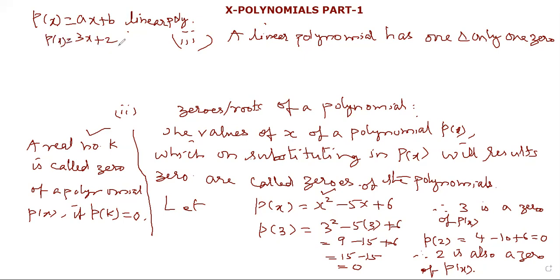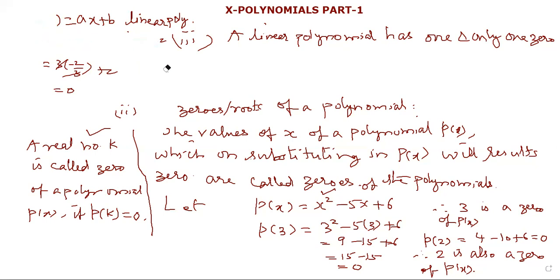The way to find the zero is to equate it to 0 and find the value of x. So x is equal to minus 2 by 3, and minus 2 by 3 will satisfy this equation. You put 3 into minus 2 by 3 plus 2, the 3s cancel, minus 2 plus 2 is 0. So a linear polynomial will have only one zero.